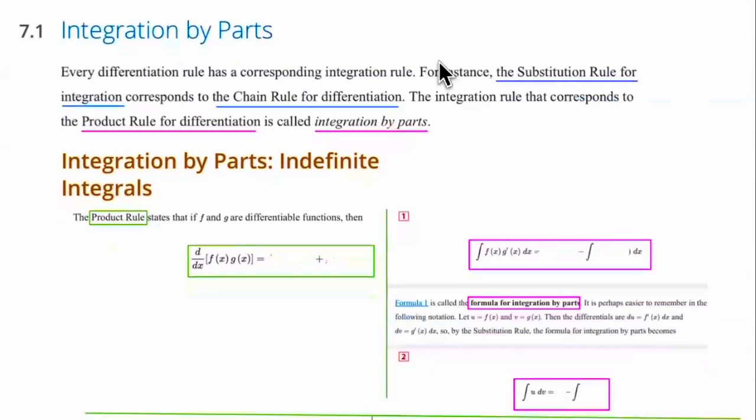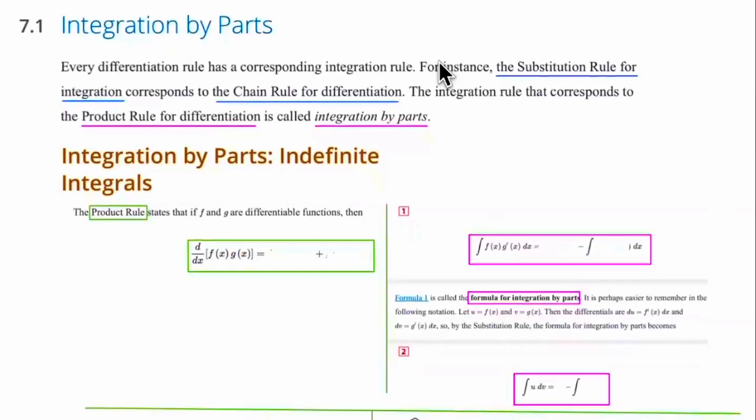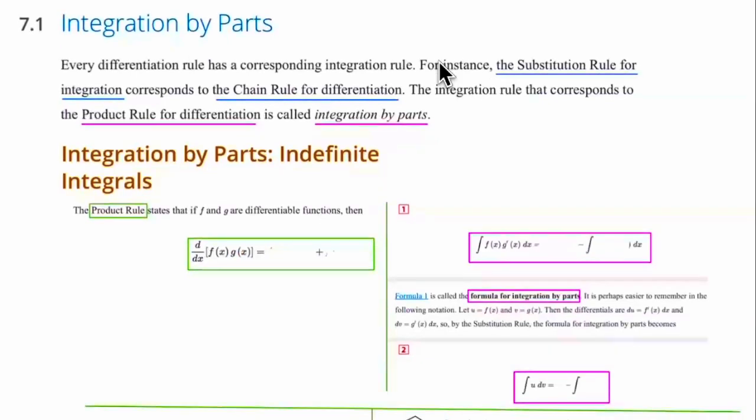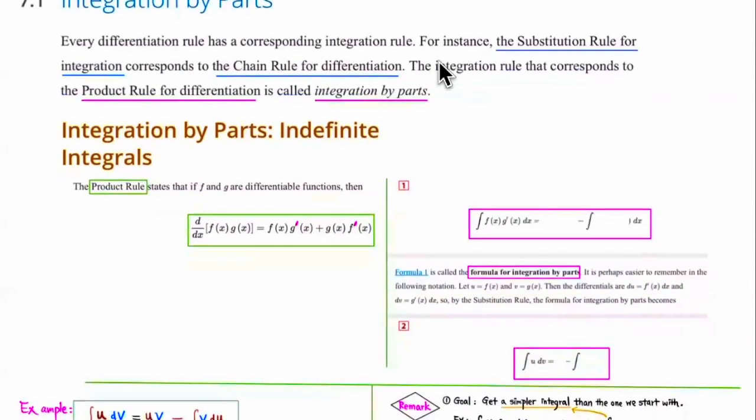So we talk about integration by parts. First we review the product rule. When you differentiate the product of two functions, that's equal to f prime times g plus f times g prime.